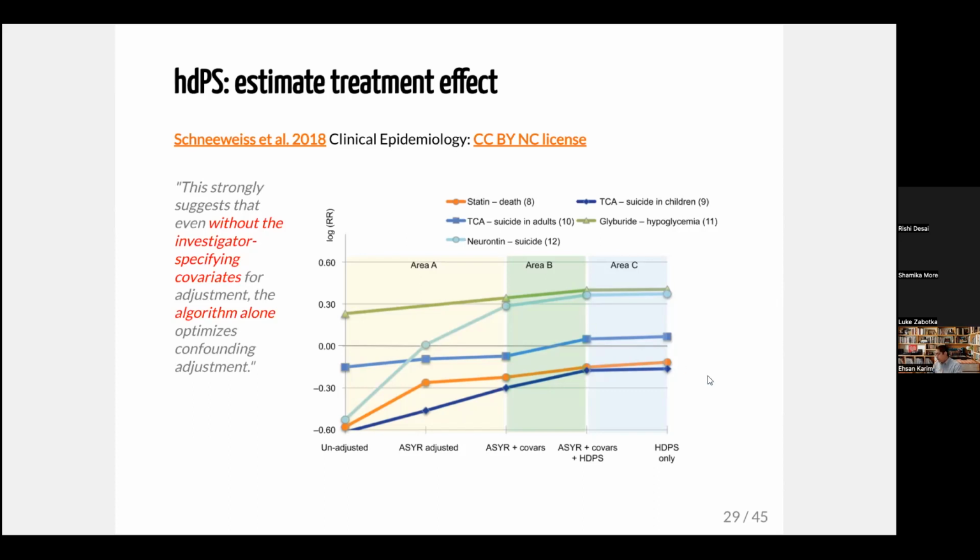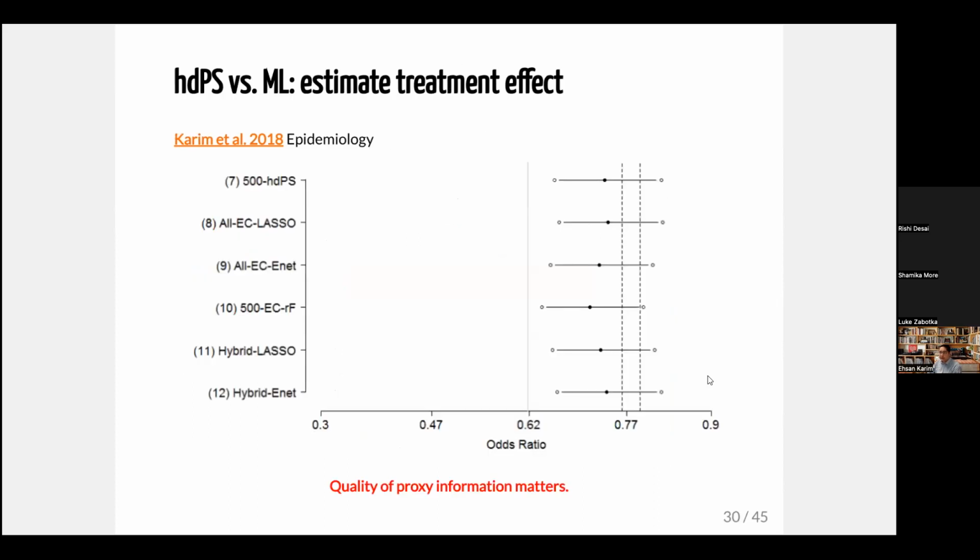So we wanted to check whether we can replicate this in our data sources. We saw that when we included the five most important covariates in our analysis, the odds ratios were in between these two vertical lines. But when we deleted the five most important investigator specified covariates, but included all of the empirical covariates selected by the machine learning as well as the hybrid methods, we see the odds ratios were slightly decreased.